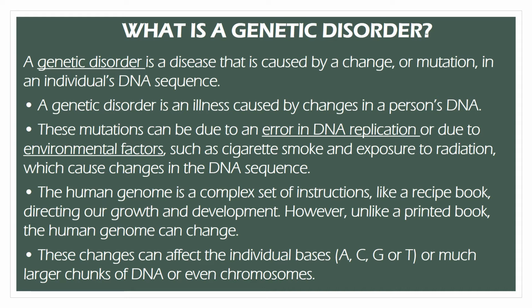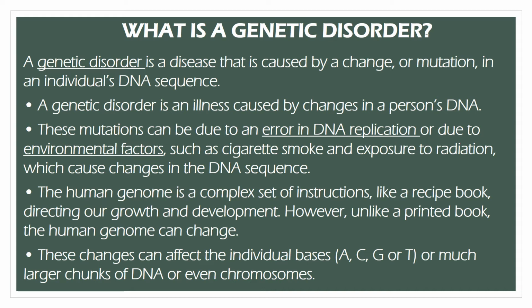The human genome is a complex set of instructions, like a recipe book directing our growth and development. However, unlike a printed book, the human genome can change. These changes can affect the individual bases, which is the A, C, G, or T, or much larger chunks of DNA or even chromosomes.